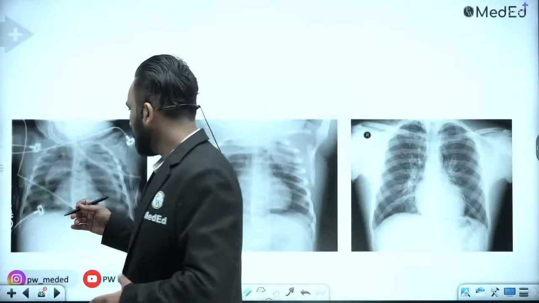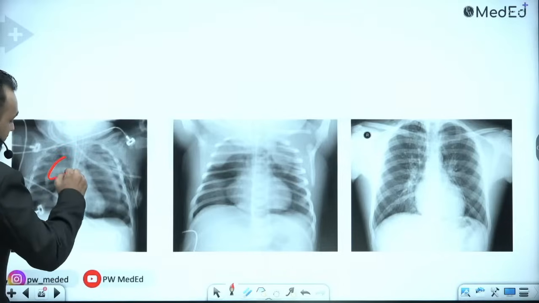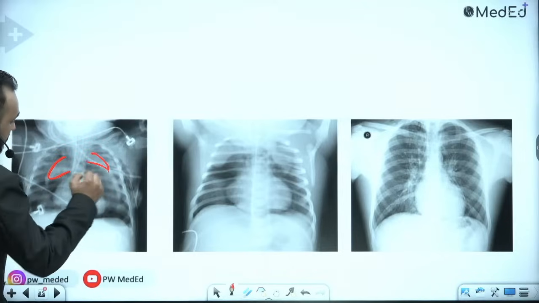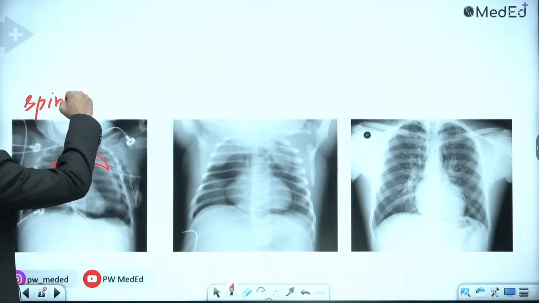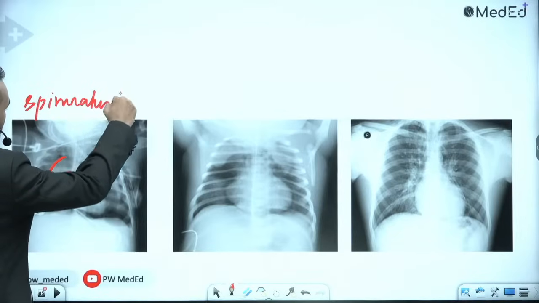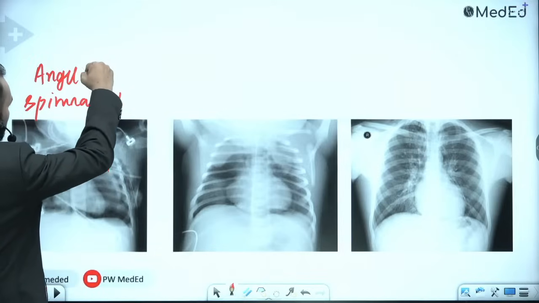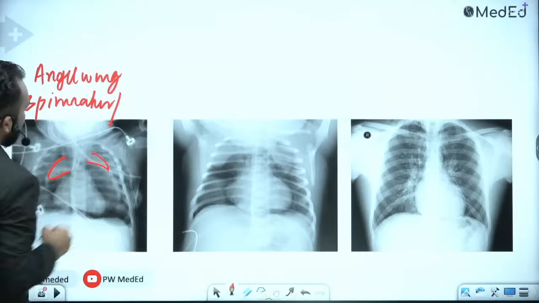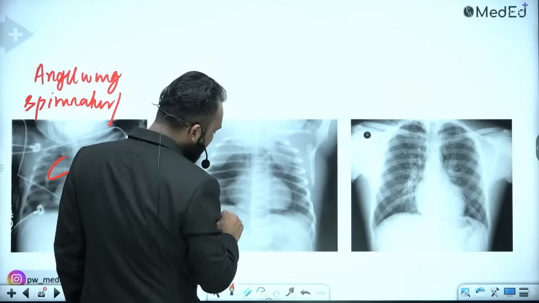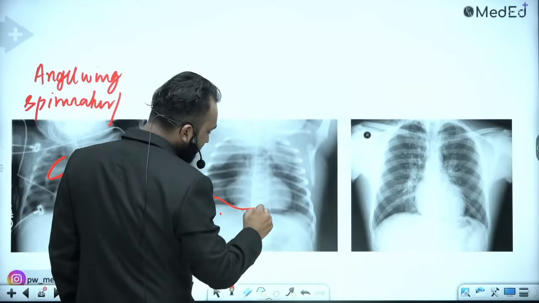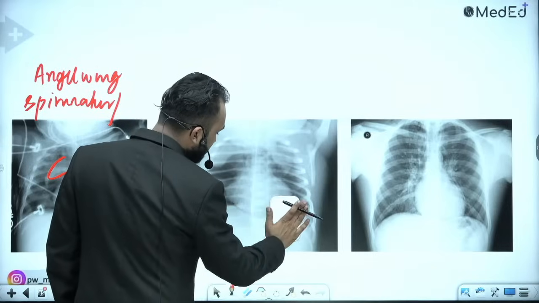various names. In the first image we can see that the thymus is surrounded by an area of lucency. This is known as Spinnaker sign, or angel wing appearance. In the second X-ray, we can see a radiolucency below the heart.